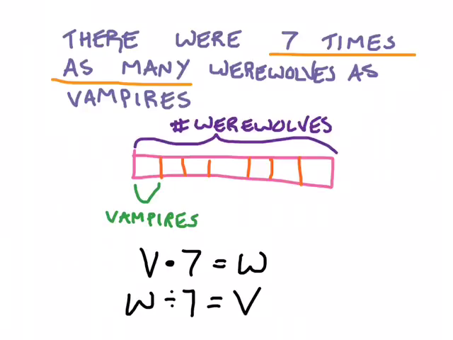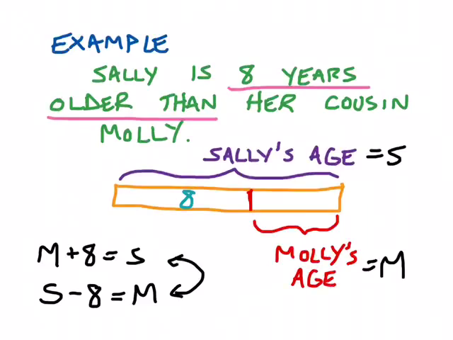If we look at this werewolf-vampire set of equations, we can see that in our inverse equations, we're doing the inverse operations. And the same thing is true here in our age comparison equations. In the inverse equations, we're doing the inverse operations. So if you're trying to create an inverse equation, it can be helpful to think about that.